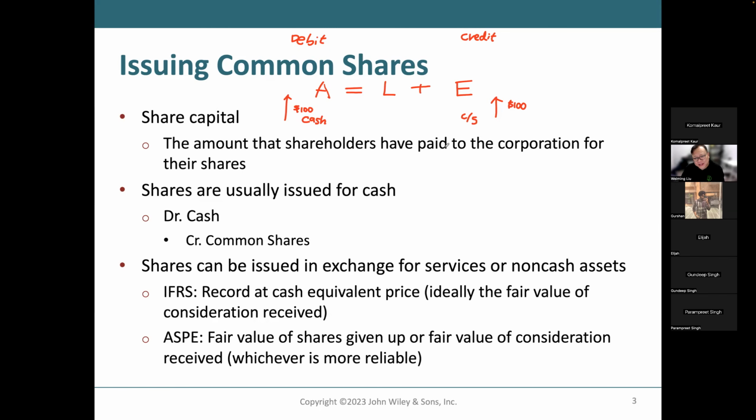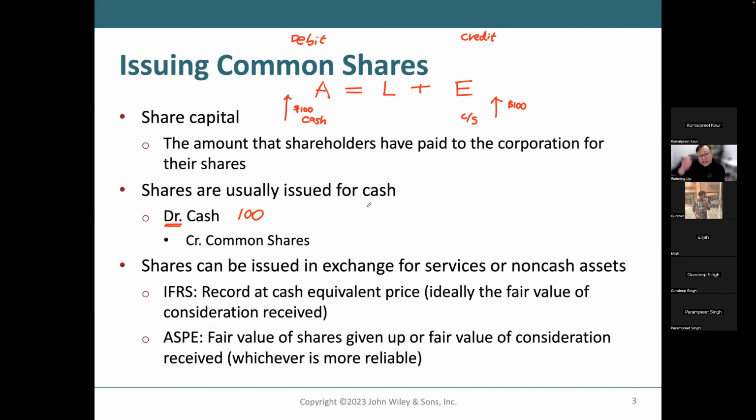For an asset account, if I say I debit cash, that means the cash is increased. DR means debit. Cash is an asset, so if I debit my asset, my asset increases, and that increase is $100.